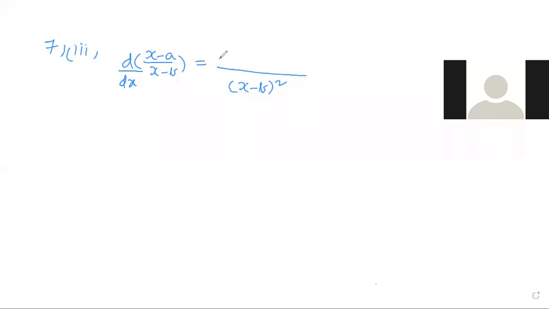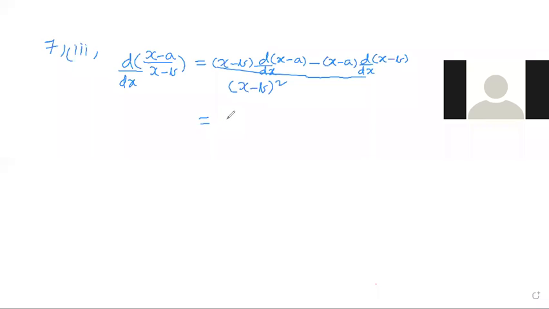Therefore x minus b is kept as it is. Next, the derivative of the numerator u, x minus a, and x minus a is kept as it is. Then the derivative of the denominator, d by dx of x minus b. Okay? Now I am writing the derivative.